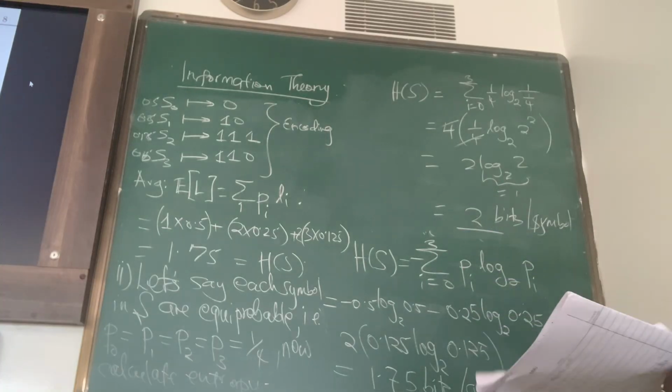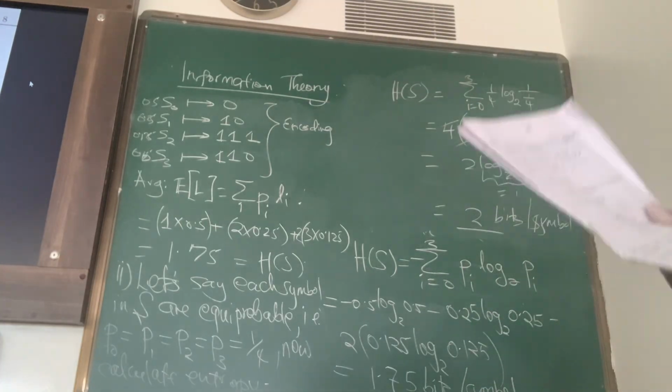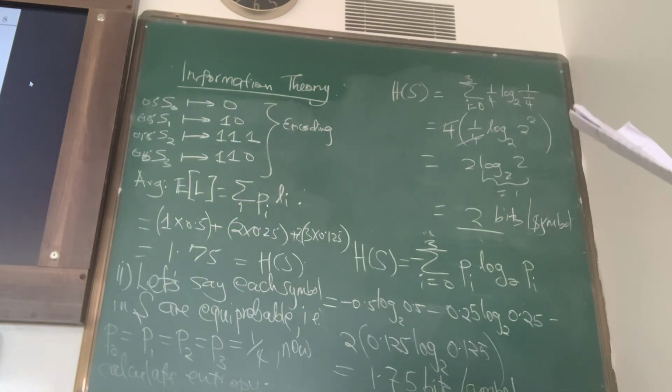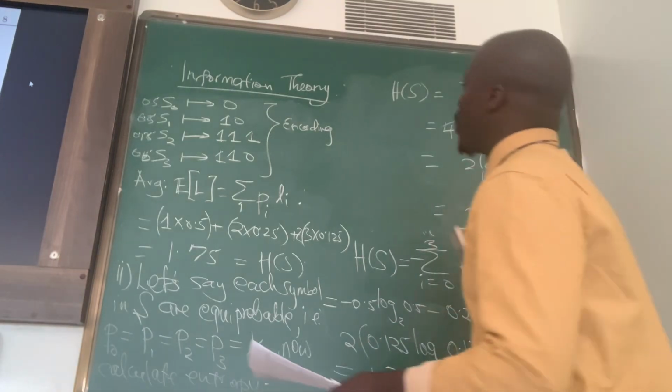So now we can write a conjecture that follows that slide. So you can say entropy is actually maximized when all the symbols in the alphabet are equiprobable.